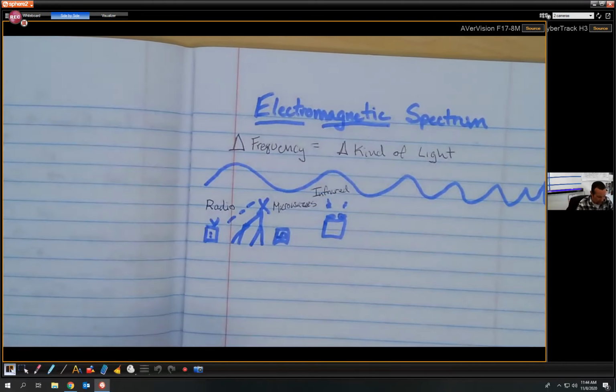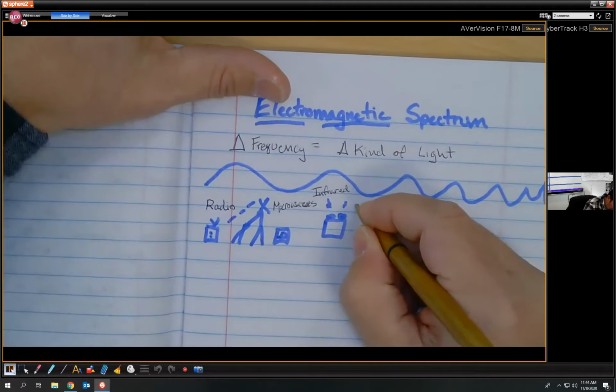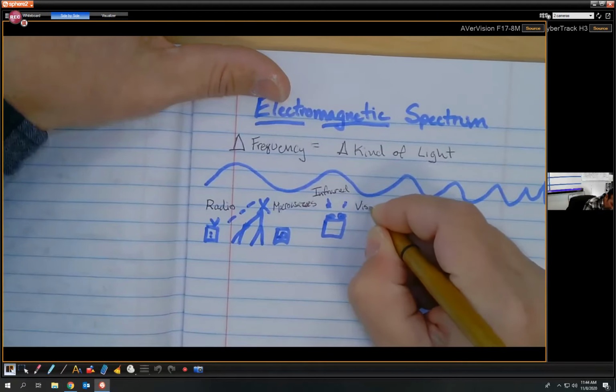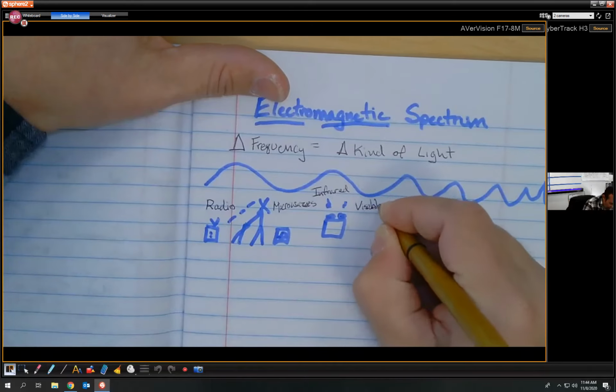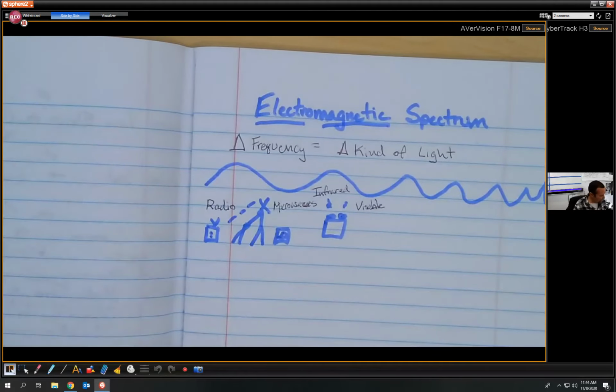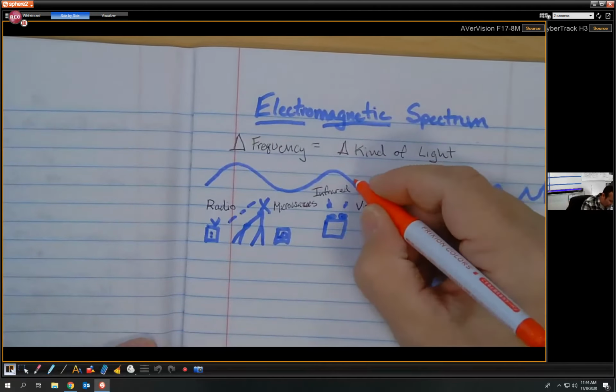Next up, we have the one we all know about, the first one we learned about, and that's visible light. You already know so much about it because we make sure that you do in kindergarten, right?